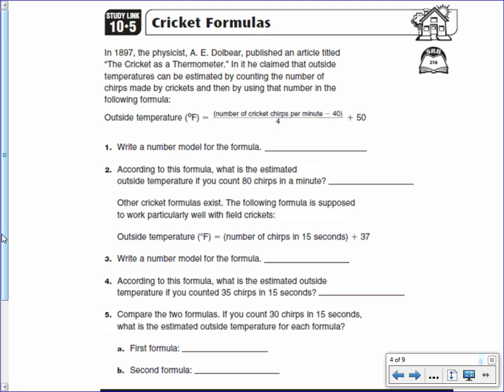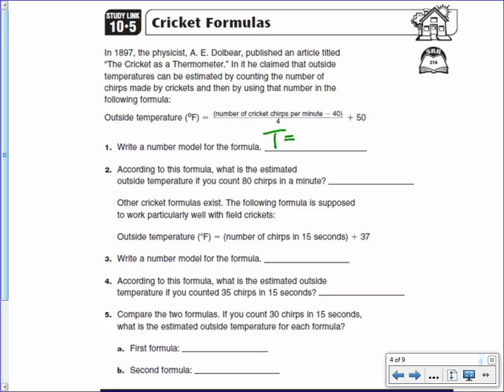But we know that this isn't actually how math number sentences or math expressions are written, right? They don't use all those letters. They just use one letter to represent something. So, what letter could we use for outside temperature? T, right? T for temperature. We're not going to write number of cricket chirps per minute. Remember, only one letter.